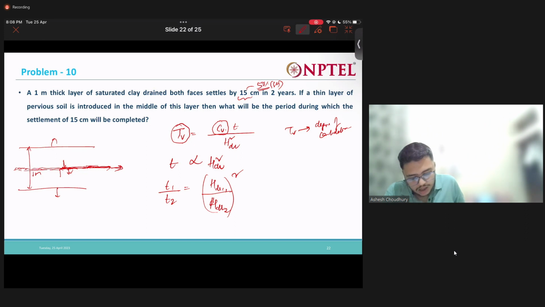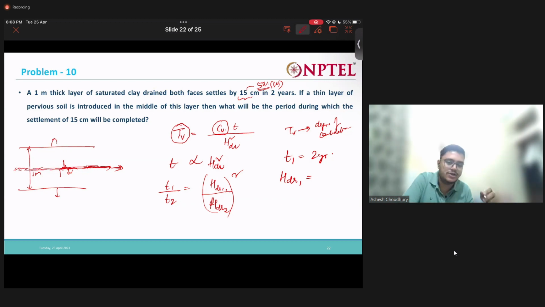So now when the time is 2 years, what is my HDR? Yes, let us do that. It will exactly reduce by 4 times.